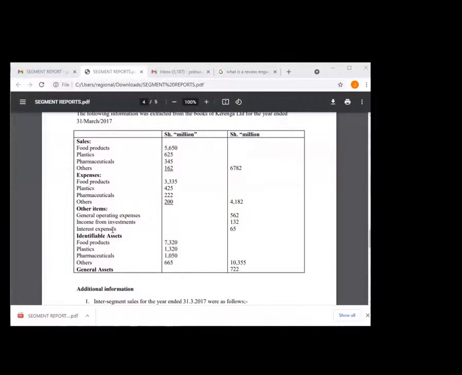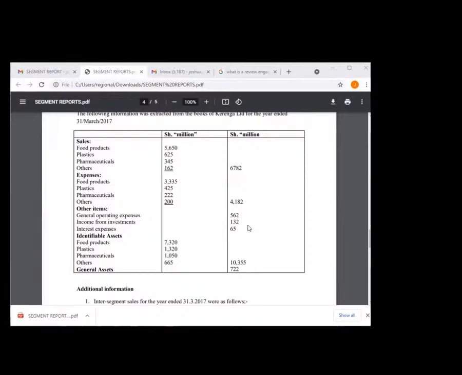This 562 is a deductible. You need to deduct that. And then they're giving us income, another item here, income from investments of 132. I hope you guys are able to see this section.